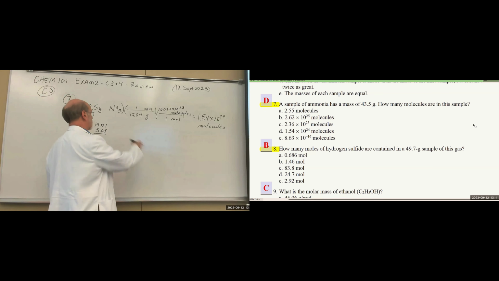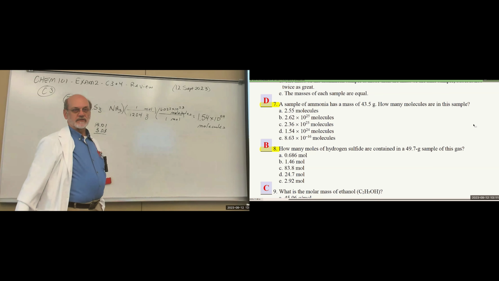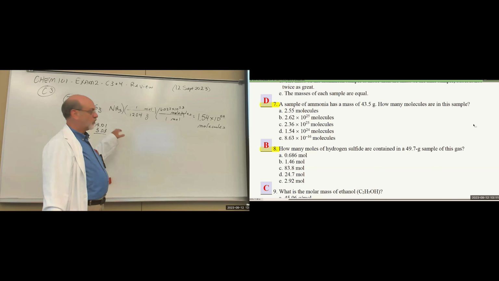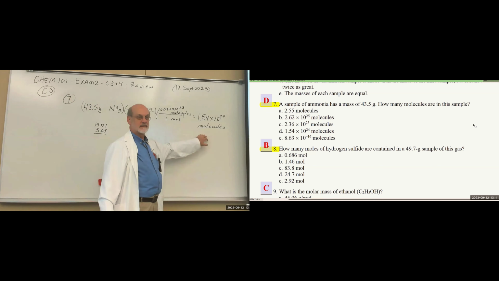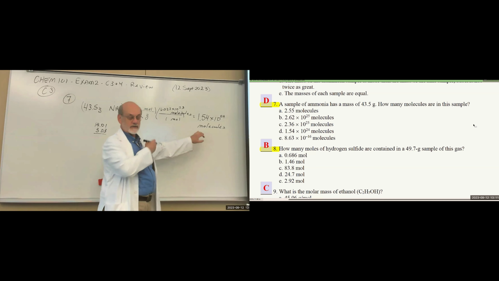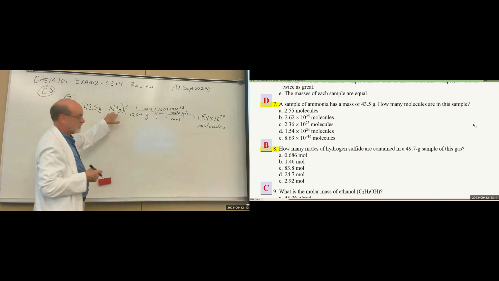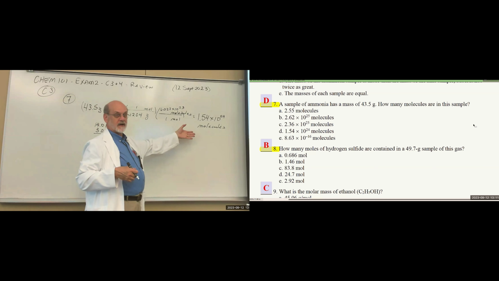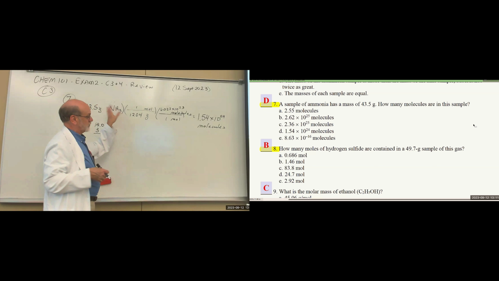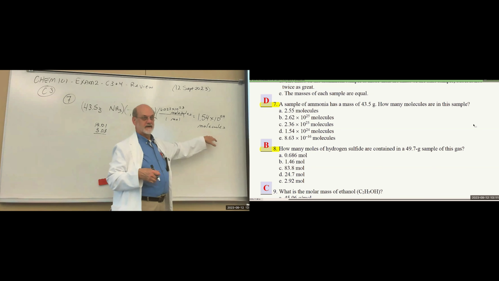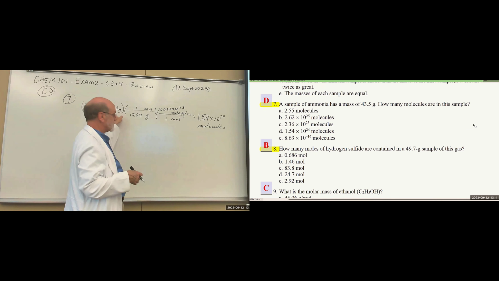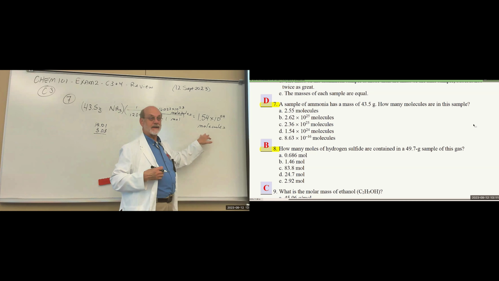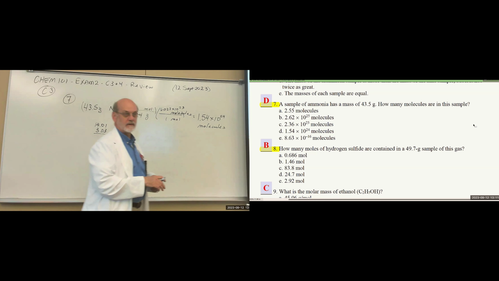Now, if the question had been how many nitrogen atoms are in that sample, it's 1 to 1, so it'd be exactly the same. One nitrogen for every ammonia, right? If it asks us how many hydrogen atoms are in that sample, it'd be 3 times that. For every one of these, you get 3 hydrogens. So 3 times that would be the number of hydrogen atoms in that sample.